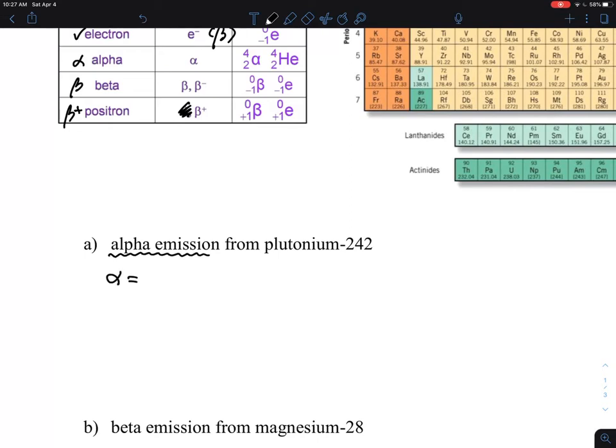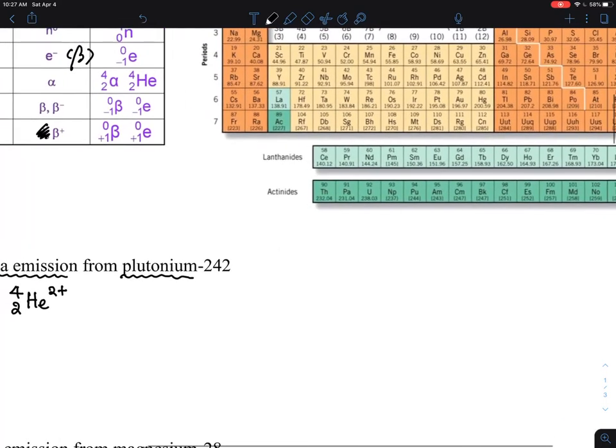Alpha was helium with 2 protons, and the atomic mass is 4, and strictly speaking, alpha is a 2+ charged particle. And the plutonium, I have to look at where plutonium is, and if you look, plutonium's right here.